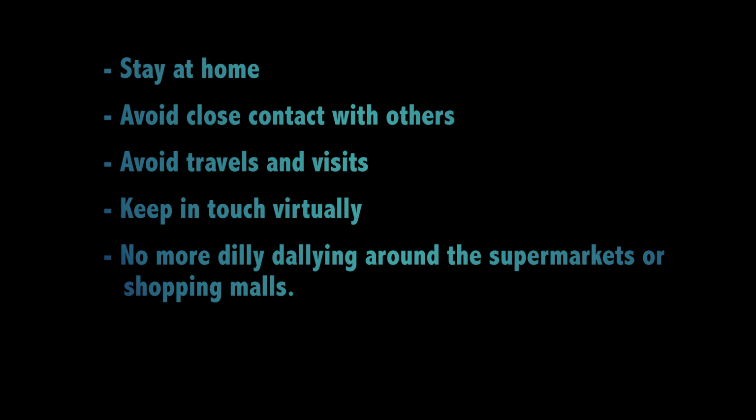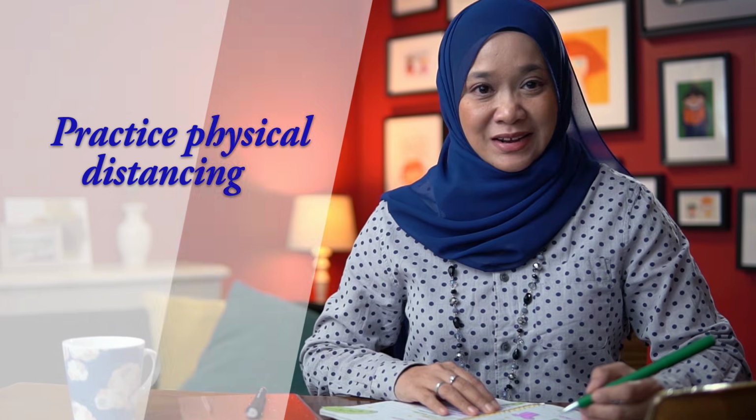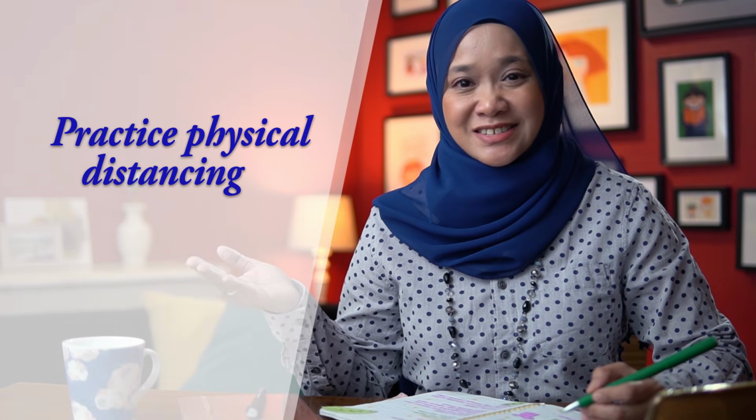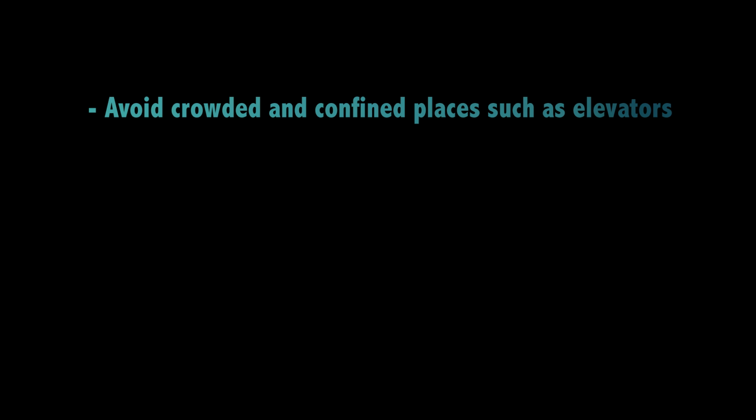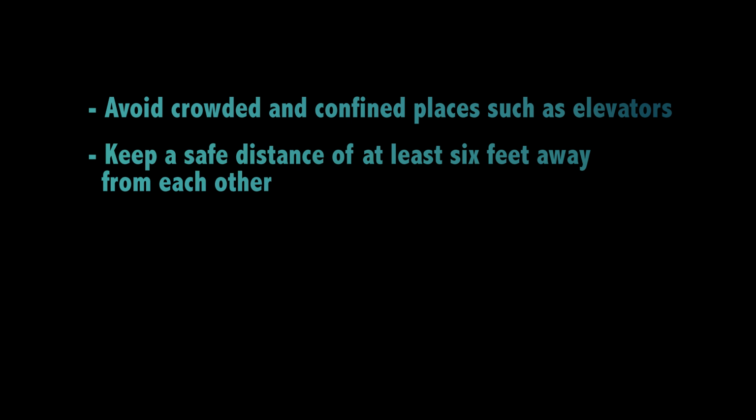Just grab the items you need, then go straight to the cashier to make payment. If possible, do online shopping. Practice physical distancing. Avoid crowded and confined places such as elevators. Keep a safe distance of at least 6 feet away from each other.